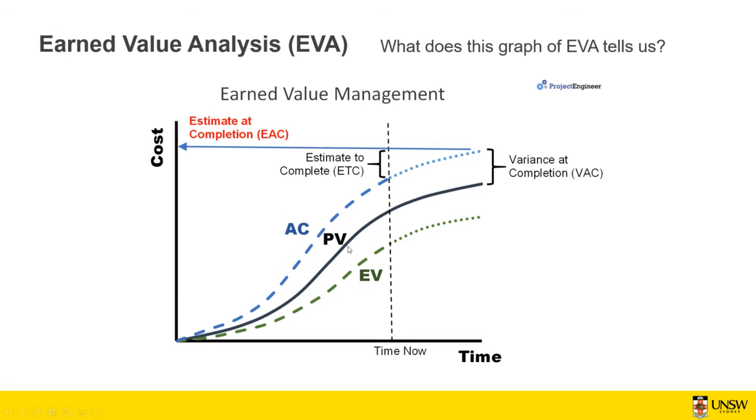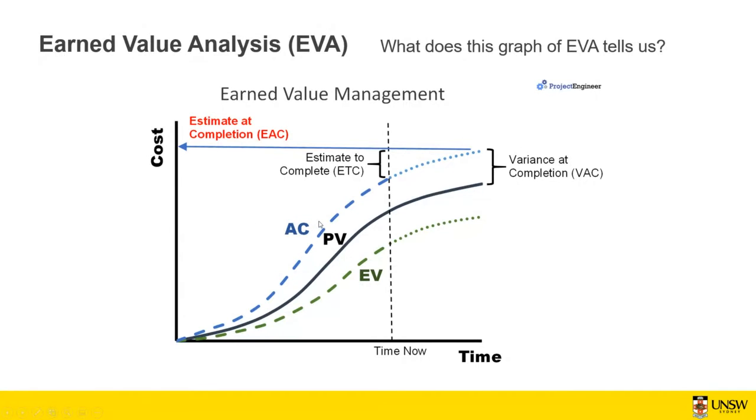Which means that we planned something to be finished, for example, by this time, and the cost would be that much, but actually we haven't finished it yet. So it means that we need to spend more time to get to that stage where we can finish the job as per planned value. So the earned value shows that we are behind the schedule.